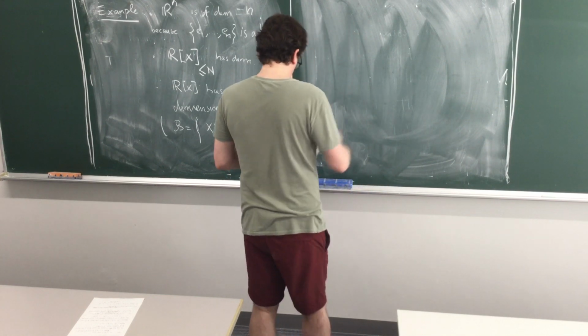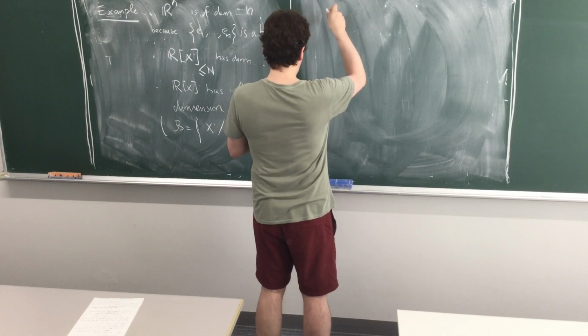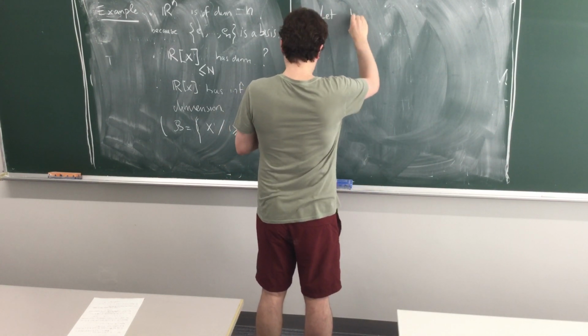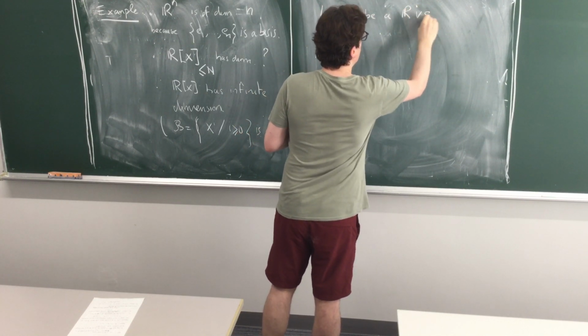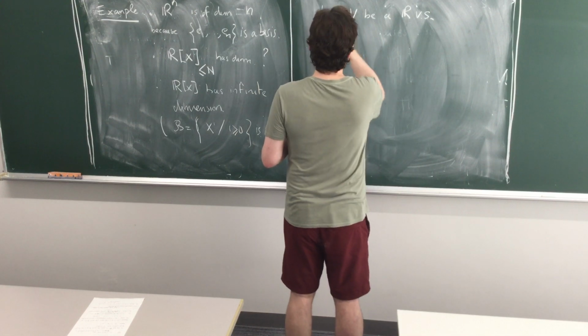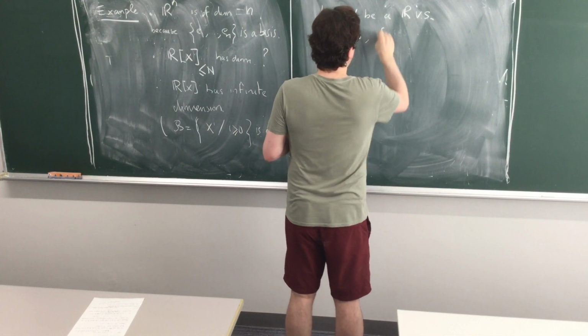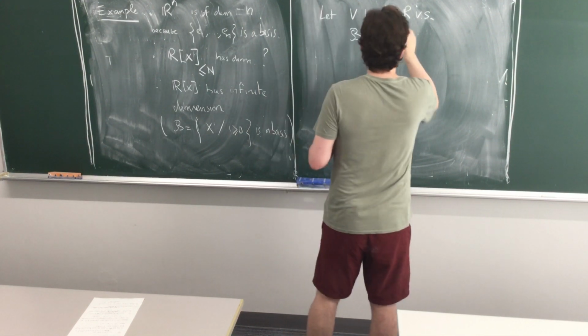To do that is quite simple. So we start from V, an R vector space, and we are given two bases, B and B prime.